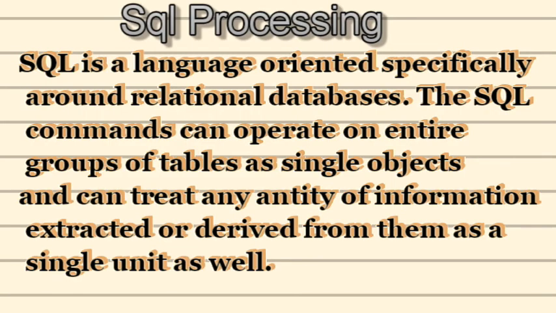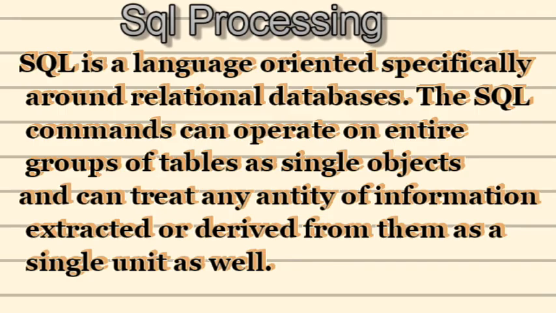Next is the SQL processing. What do we mean by SQL processing? SQL, we all know, is a language oriented specifically around relational databases. The SQL commands can operate on an entire group of tables as a single object and treat them as an entity of information extracted or derived from them as a single unit. SQL is also divided into three sub languages, that is DDL, DML, DCL.